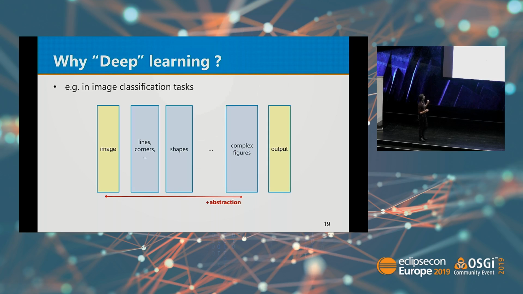Let's say we are speaking of image classification tasks. We usually see that the first layers tend to specialize in detecting lines and corners, while the later layers use these features to detect more complex shapes, in a growing abstraction.